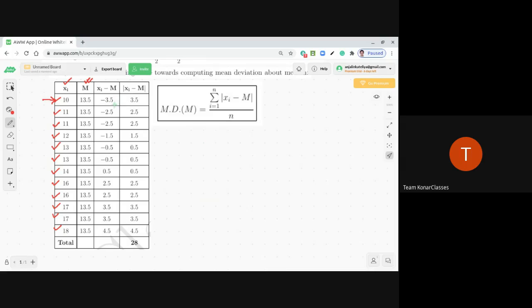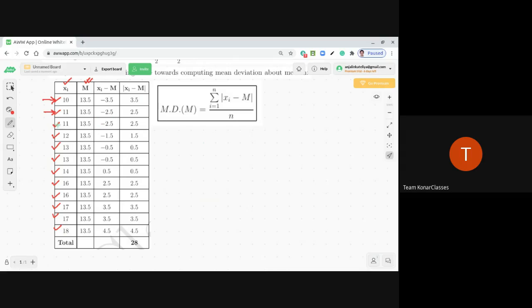So 10 minus 13.5 is minus 3.5. Then in the next column, we take the absolute value of xi minus M, that is mod of minus 3.5, which is 3.5. Similarly, for the second one, 11 minus 13.5 gives minus 2.5, so 2.5.